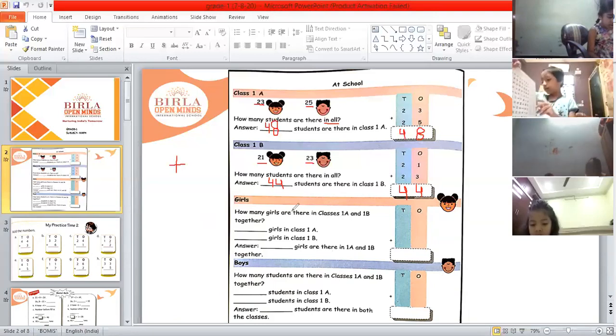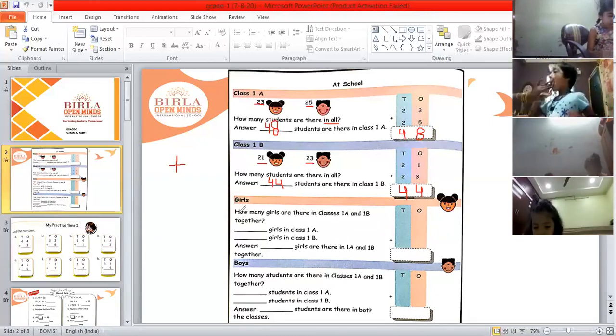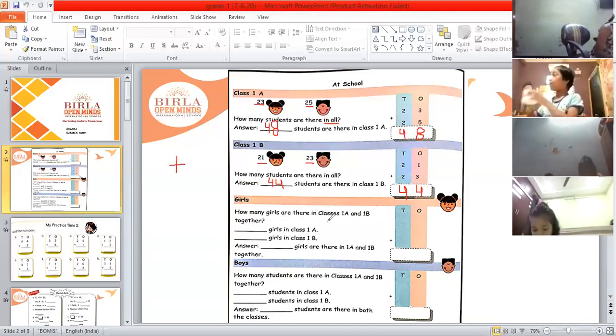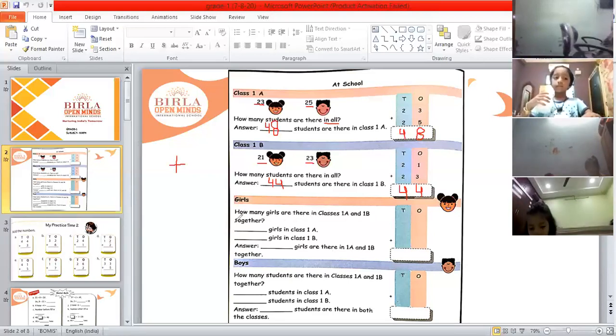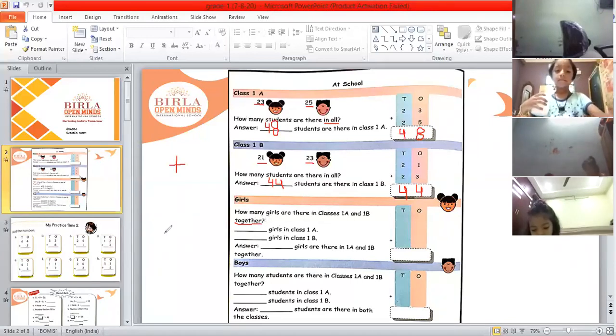Now the next question I am reading, children. Look on your screen, please. The question is how many girls are there in classes first A and first B together? See here, children, the word together is there, and I have told you if the word in all or together is there, this means you have to do addition.